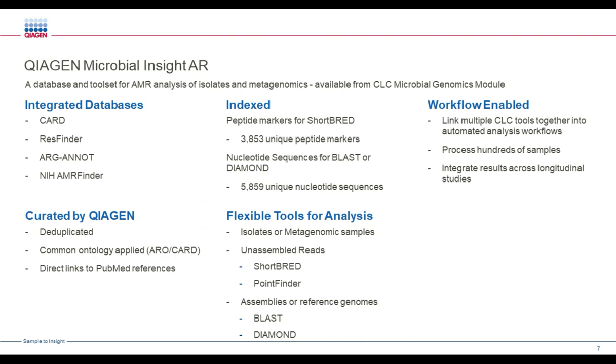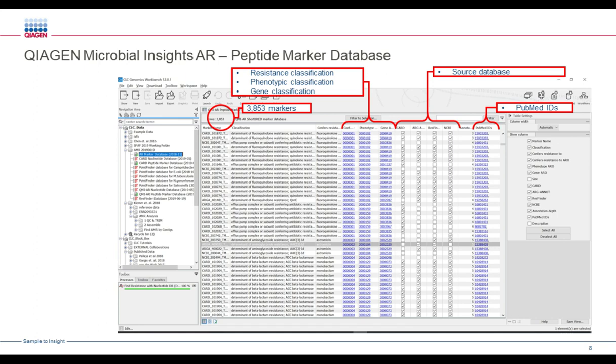All of these tools are workflow enabled, which will enable labs to process hundreds of samples in an identical way and promote the reproducible use of scientific research. This is a snapshot view of what you might see opening up the QMI AR peptide marker database.